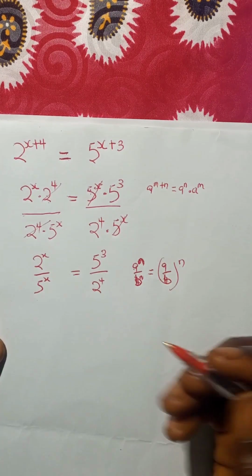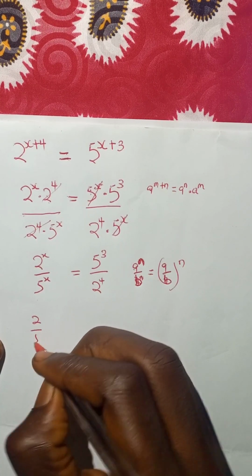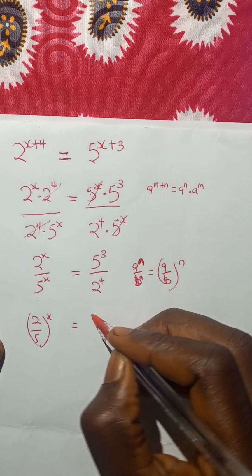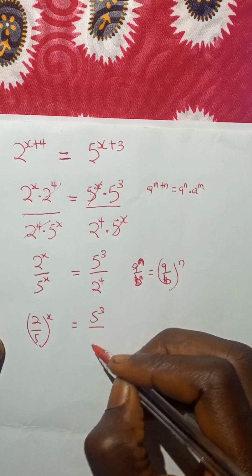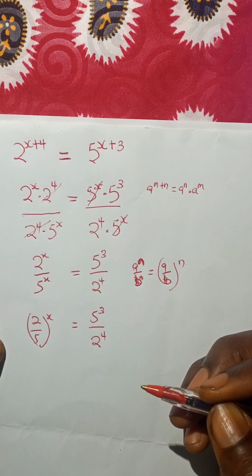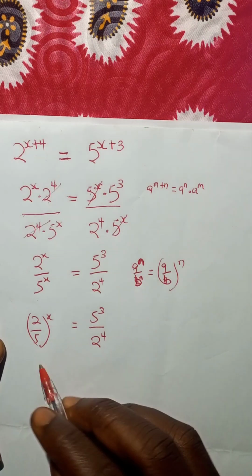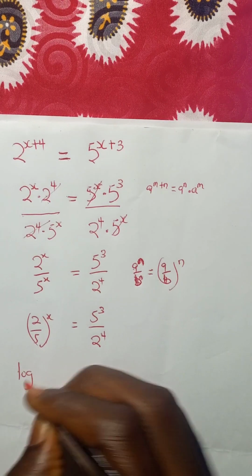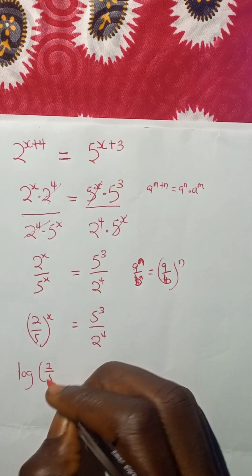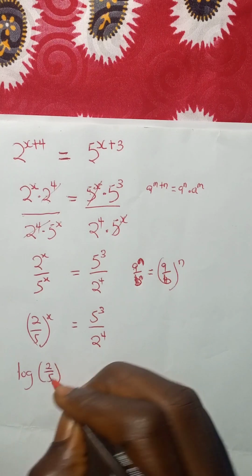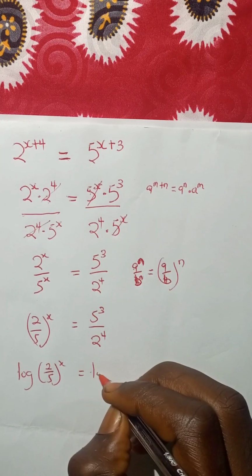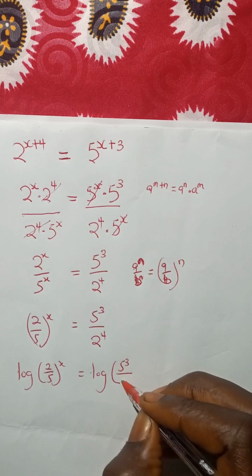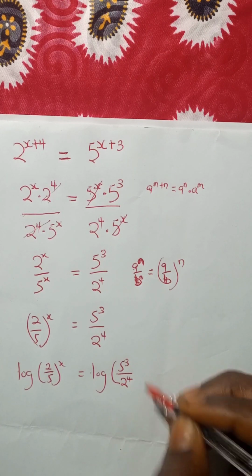So the same thing applies here. We're going to have (2 over 5) to the power x equals 5 cubed over 2 exponent 4. So here we take log of both sides. We're going to get log (2 over 5)^x equals log of 5 cubed over 2 exponent 4.